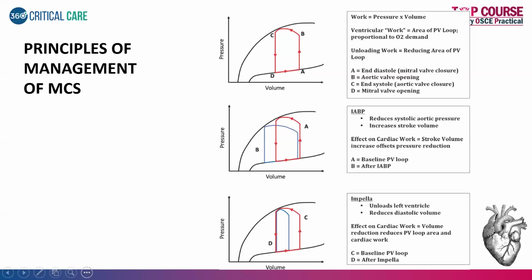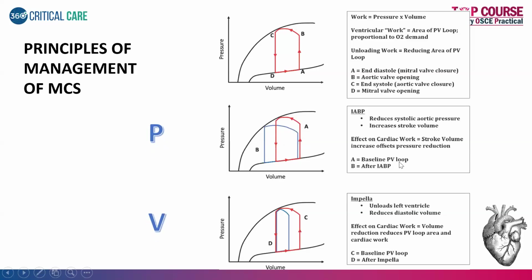With IABP, what you need to know is the effect on cardiac work: it offsets the pressure. What you can see here is when the patient is having a decreased cardiac output, the volume is reduced here. And by decreasing the pressure, there is some augmentation of the cardiac output because of the use of IABP. So this offsets the pressure and thus improves the cardiac output. That is the pressure reduction caused by IABP.